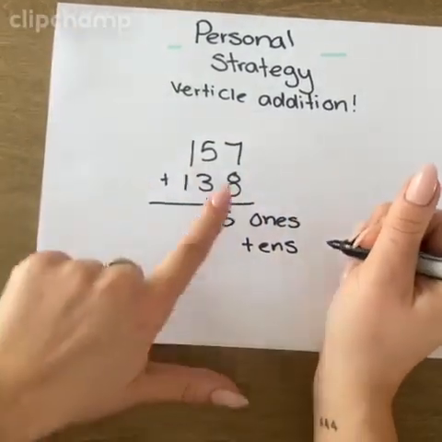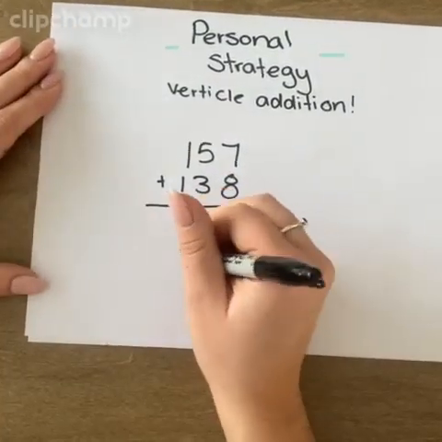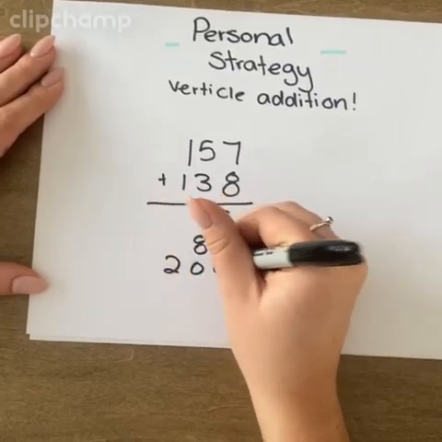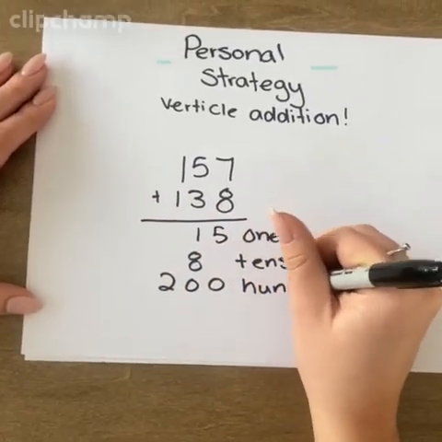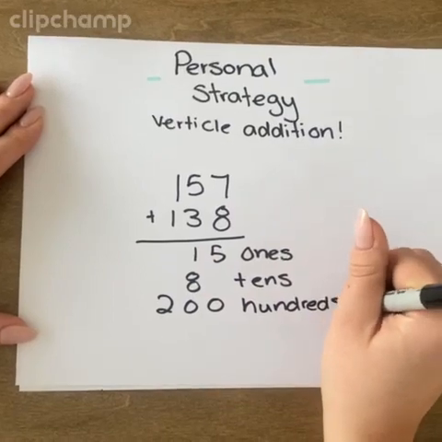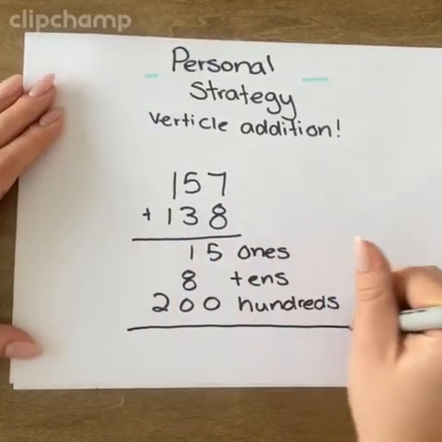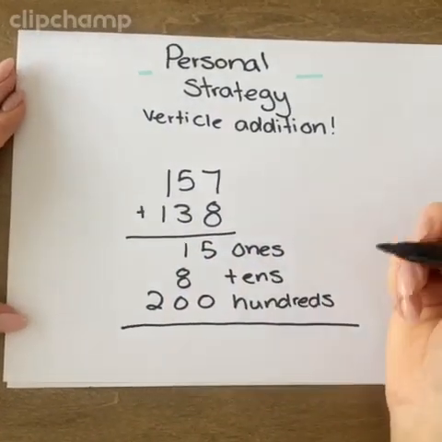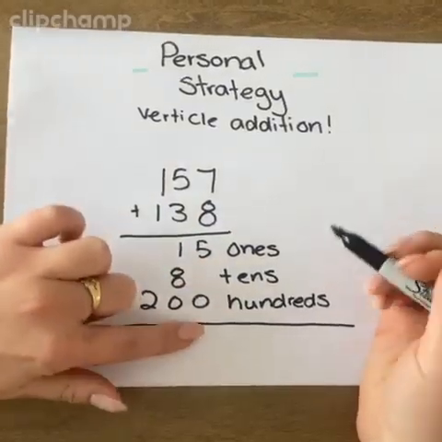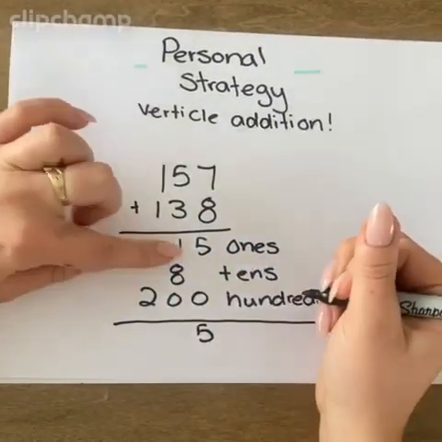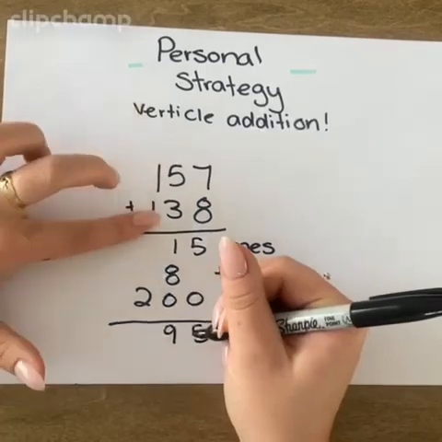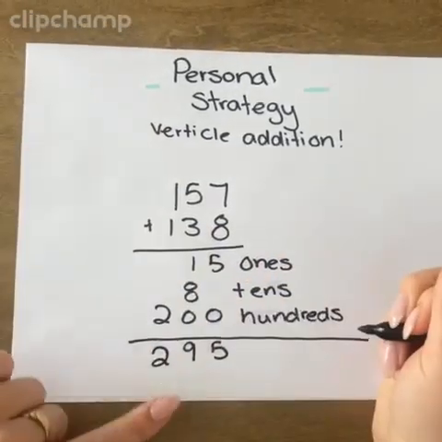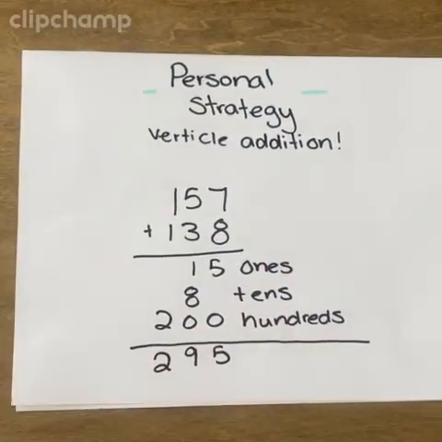And now moving on to our hundreds, we have 2 hundreds. So now this just makes it easier to add. So now we go down: 5 ones, 9 tens, and 2 hundreds, which gives us 295.